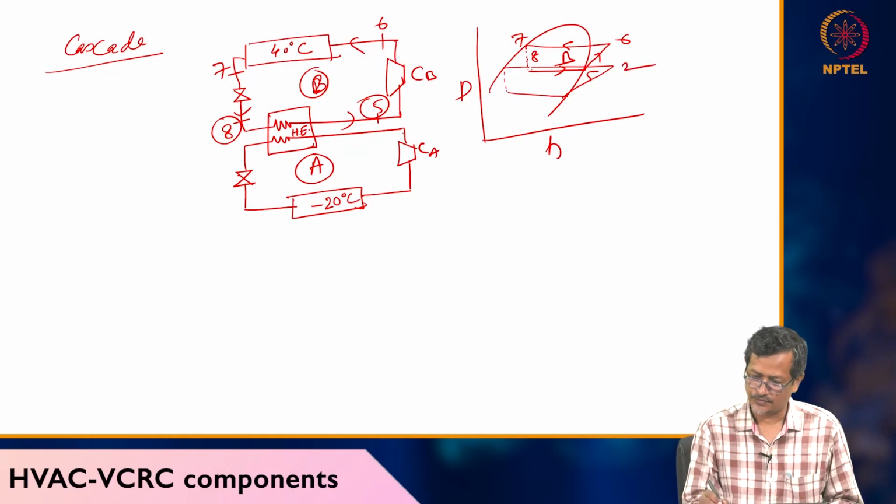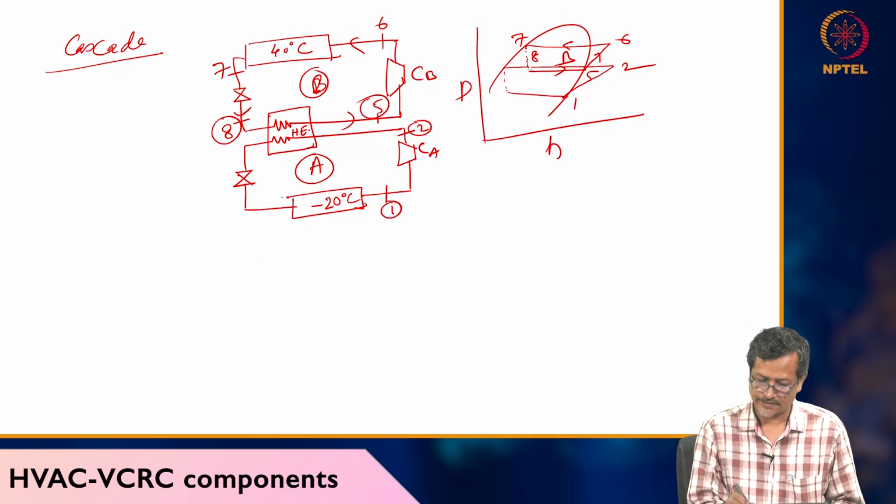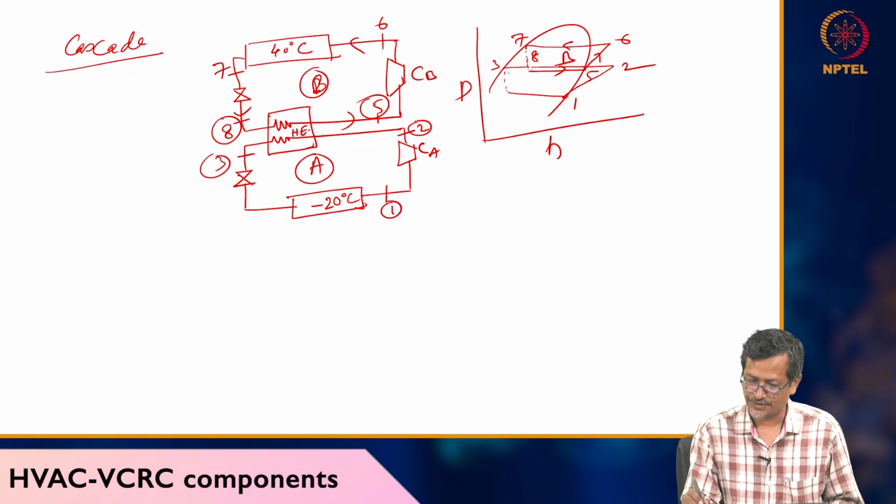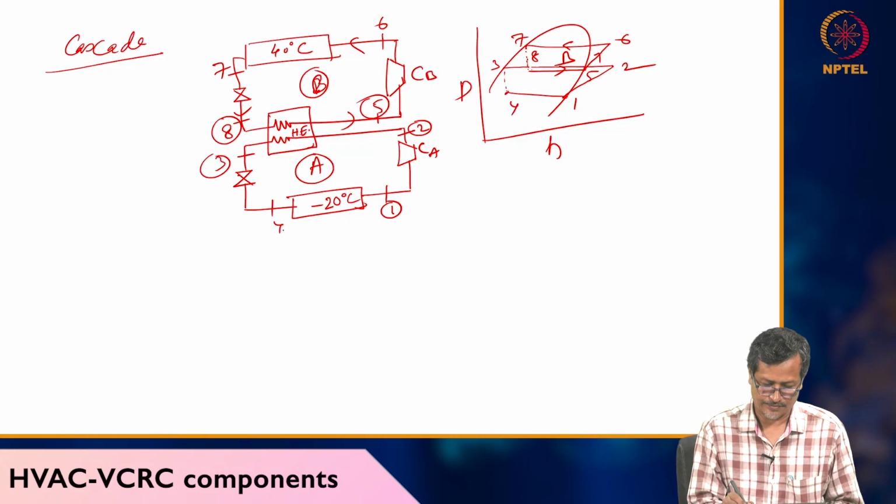Point 2 is after compression, then before compression 1, then 3. 2 to 3, 3 to 4.